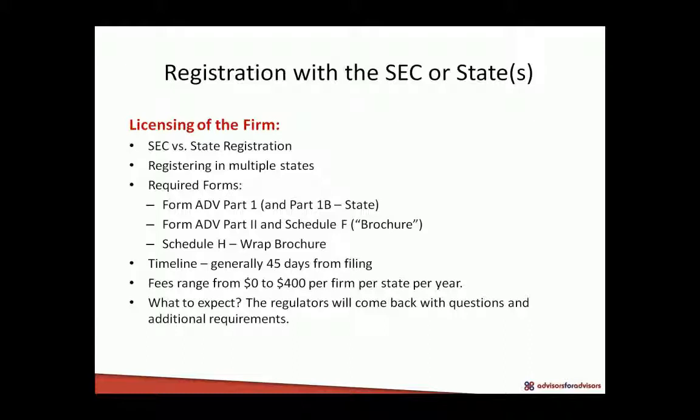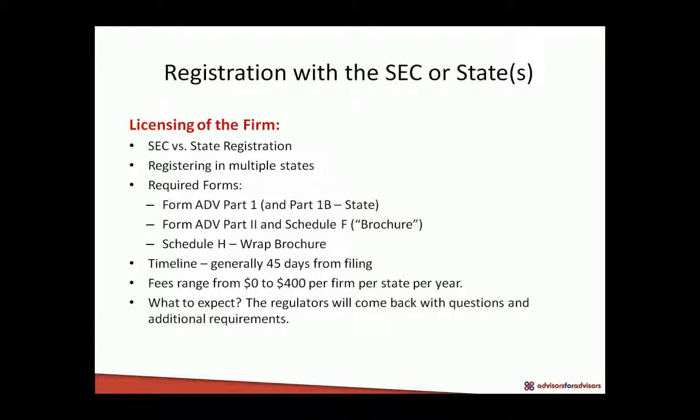From a registration standpoint, there are some core documents and processes that you'll need to follow. You're probably all familiar with the various forms. But if you're not, the SEC website has a lot of good information, as well as our website, adviserassist.com, and it distills the details behind each of these.